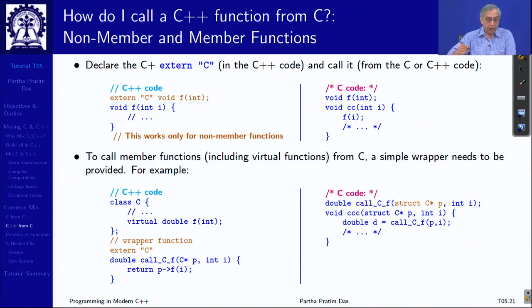Now, what happens if you want to call a member function? What is the speciality of calling a member function? You would recall that a member function always gets an implicit this pointer, that is the address pointer of the object, right.